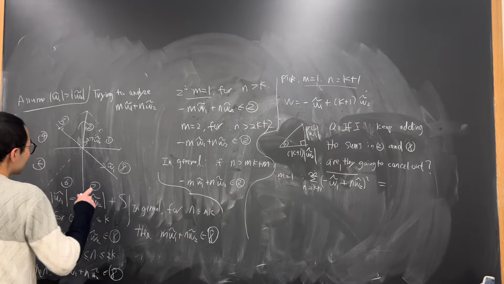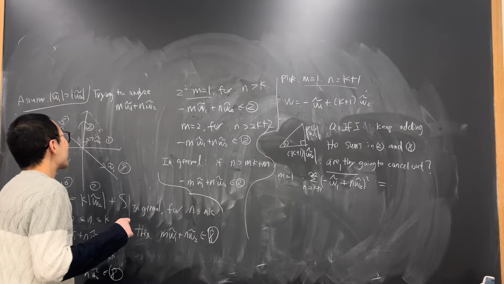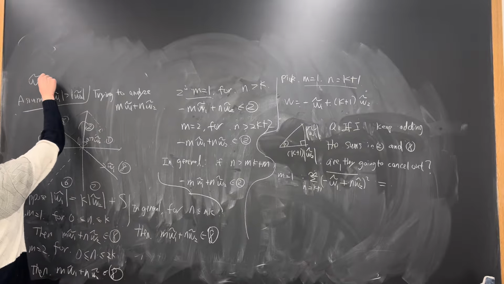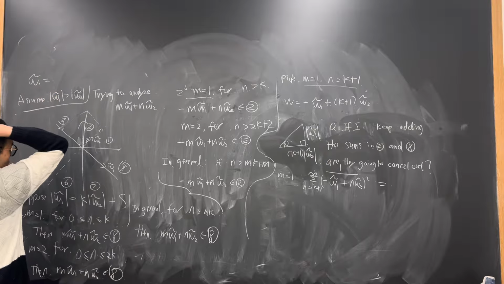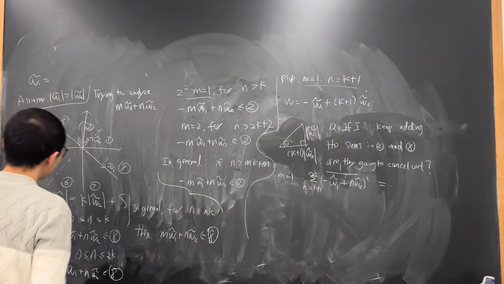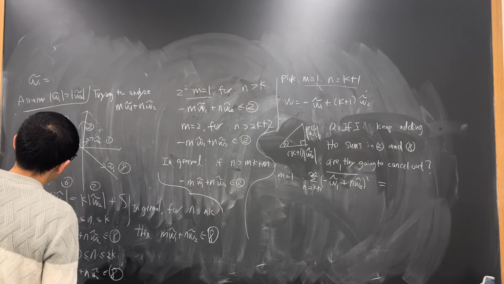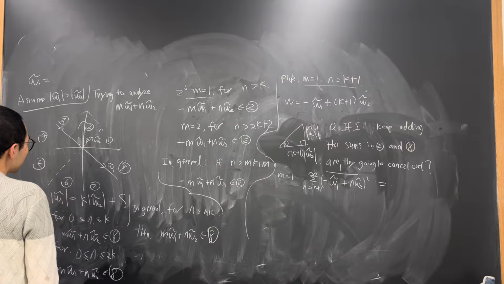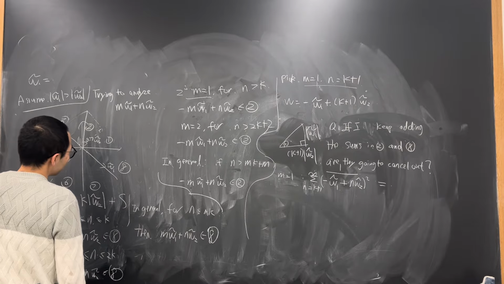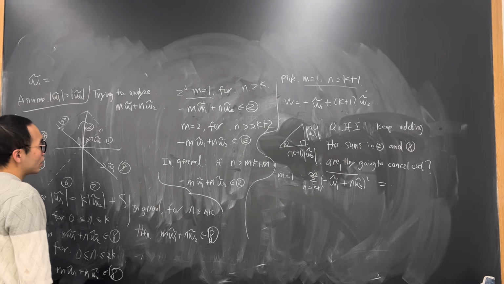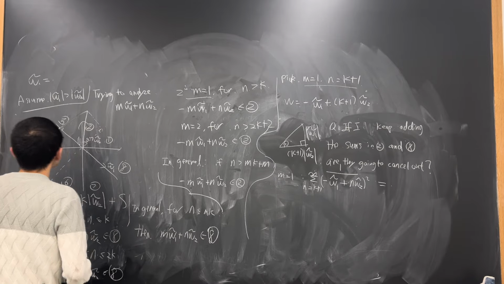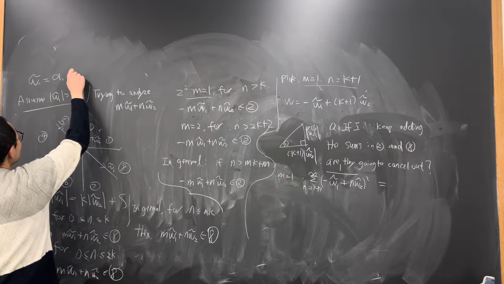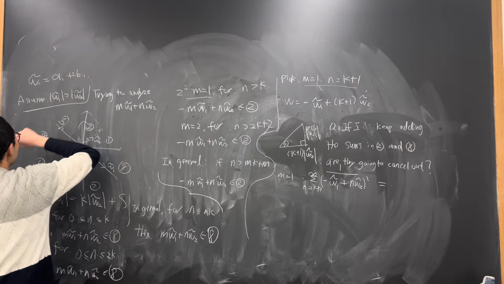So we also assume that this, let's say, omega 1, which is equal to, let's say, come on, give me a name, A1 plus i B1.